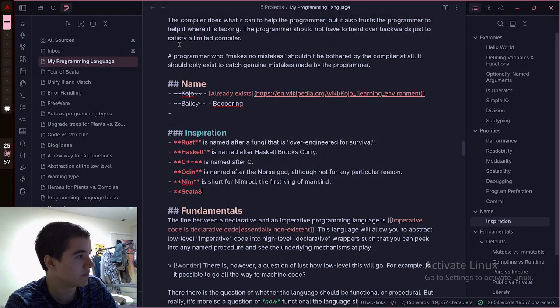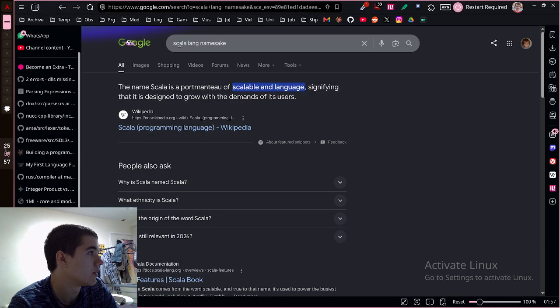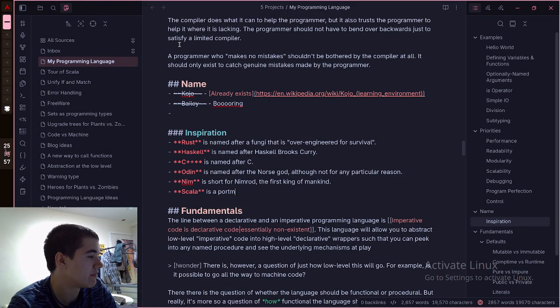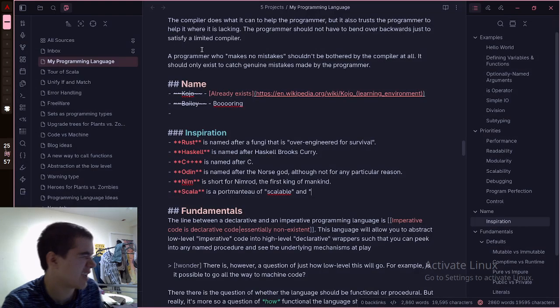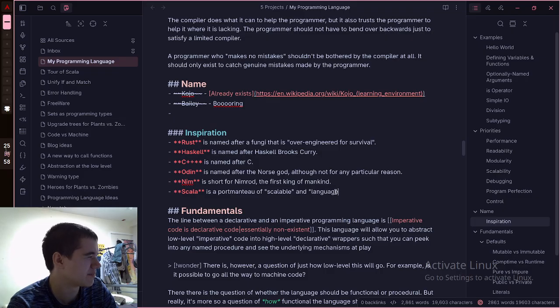It is good, besides the fact that you lose the language part. Scalable is a portmanteau. French of... Portmanteau, flippity flack. Of scalable and... Scalable, how's that not a word? Dude, get off my dictionary. And language. Although the latter is lost, whatever.